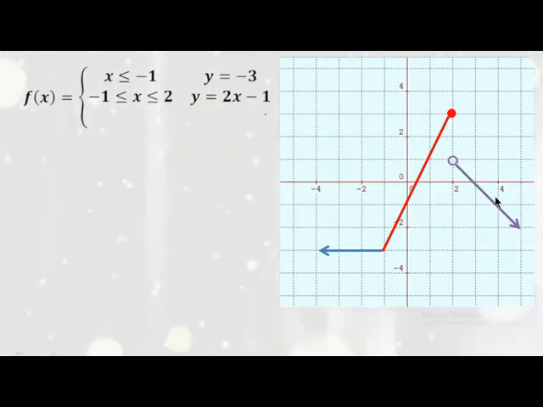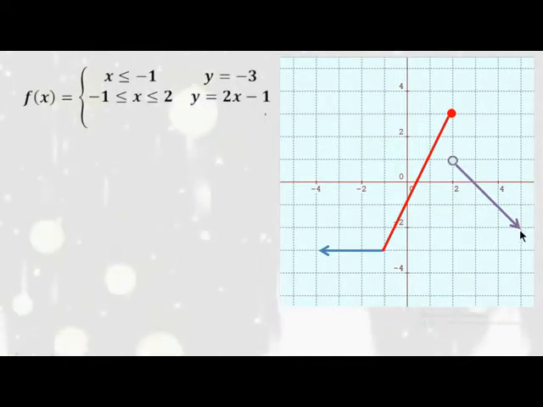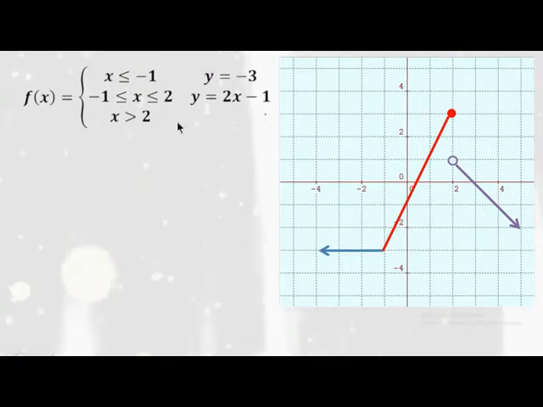And how about this one? One of the edges of this line is an empty dot. As you can see, this is an arrow. That means the line doesn't finish here. It is infinite. So the domain starts from 2 to every number that is bigger than that. So the domain is x greater than 2.